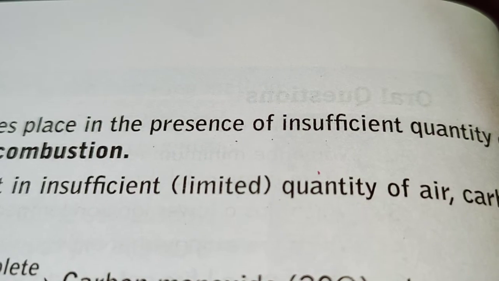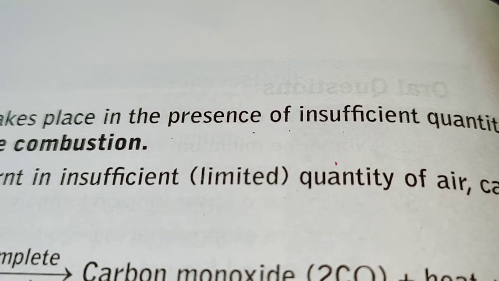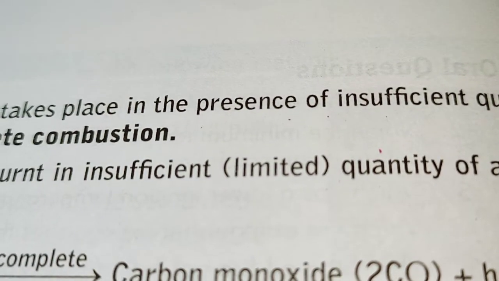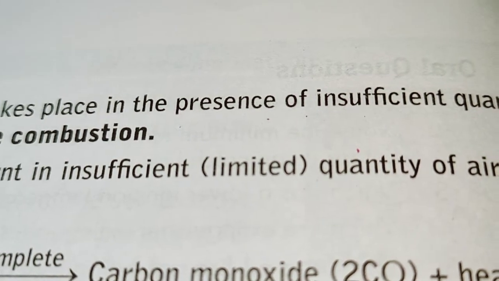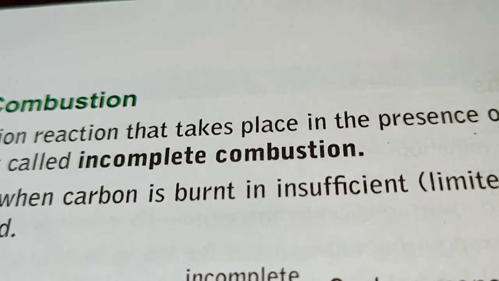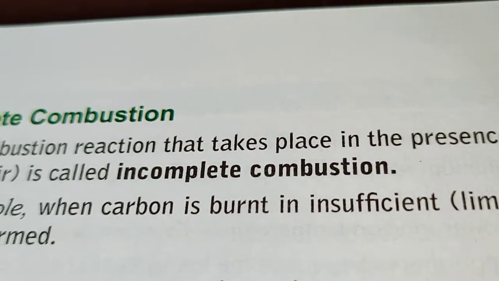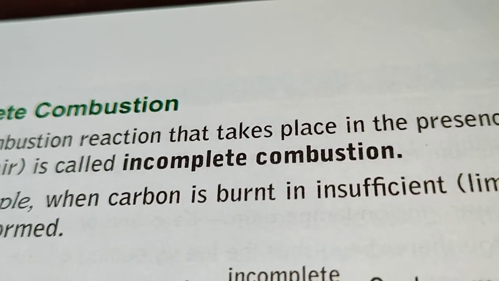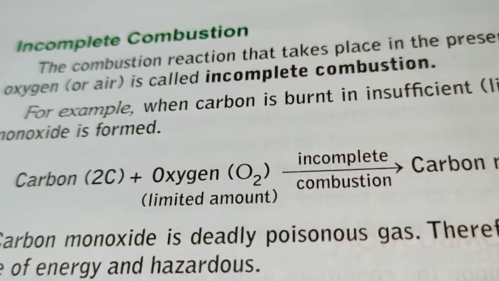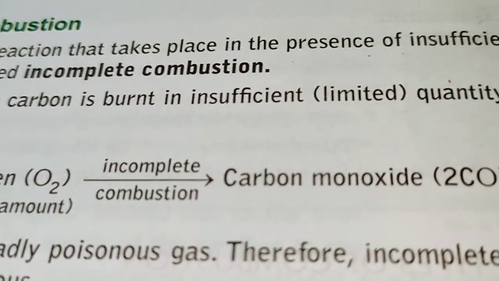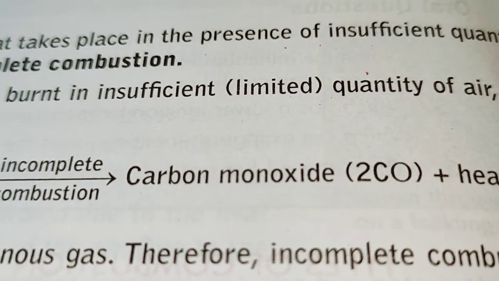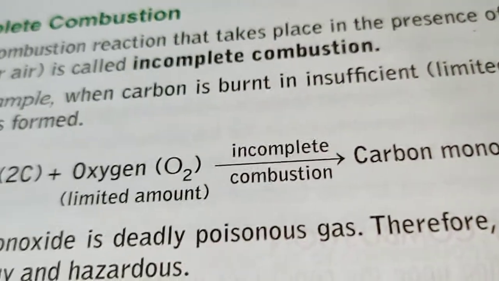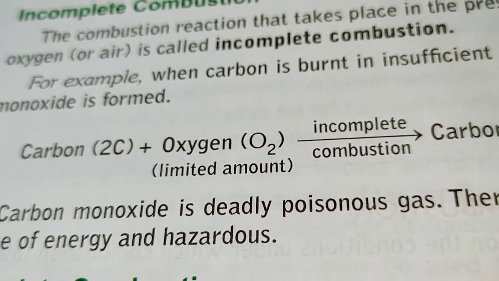But if the fuel is burnt in the presence of insufficient oxygen or a limited quantity of air, then such combustion produces less heat and is known as incomplete combustion. Here you can see, due to incomplete combustion, carbon monoxide is produced, which is a deadly poisonous gas.